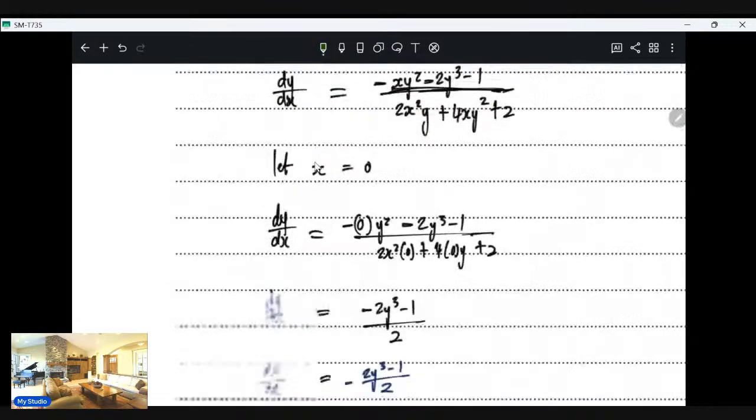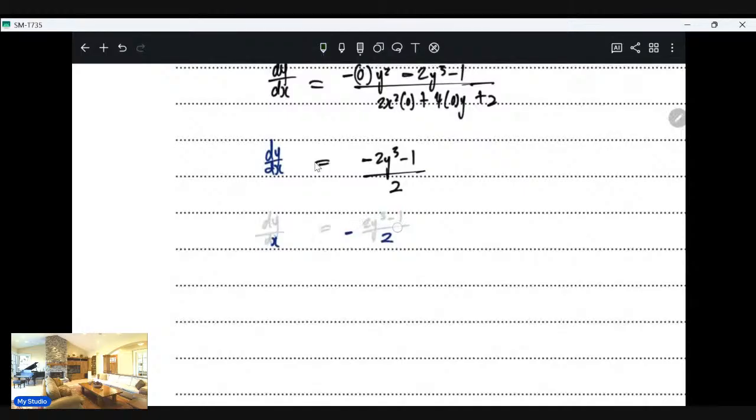So we now know that at x equals 0, this is what we'll be getting, our dy dx being this. But now we need to know what is also the value of y so that we can come and put it in here. Do you understand?